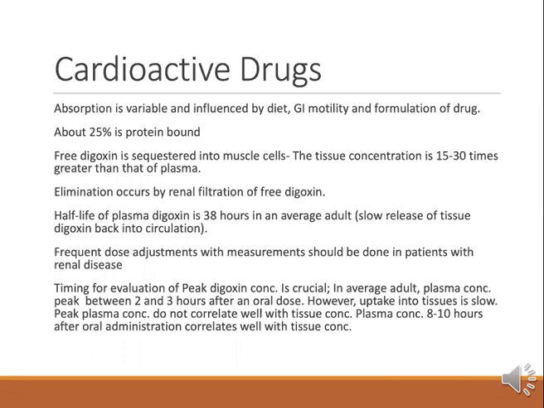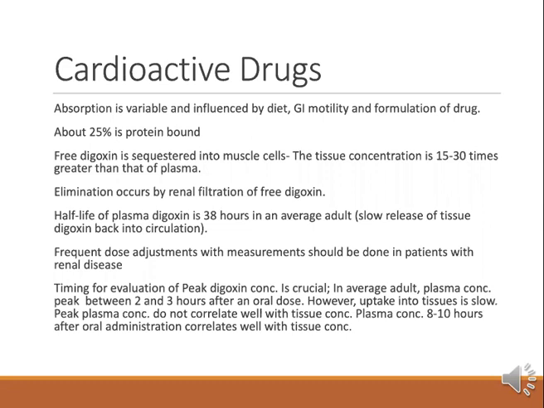Absorption is variable and it's influenced by the patient's diet, the GI motility, and the formulation of the drug. About 25% of that drug is bound to protein. The free digoxin is sequestered into the muscle cells, and the tissue concentration is about 15 to 30 times greater than that of the plasma.